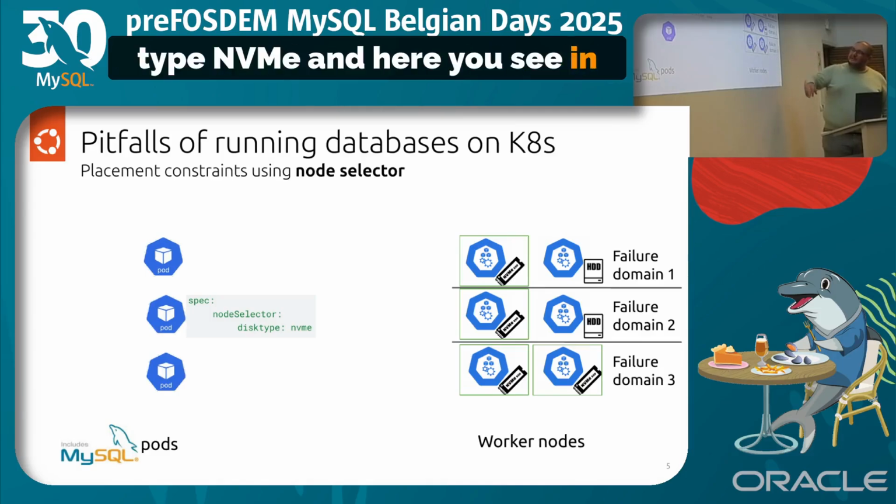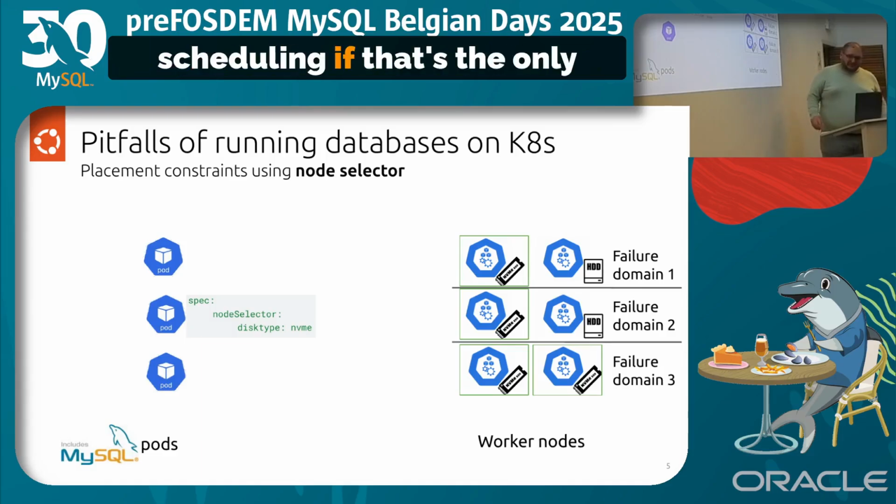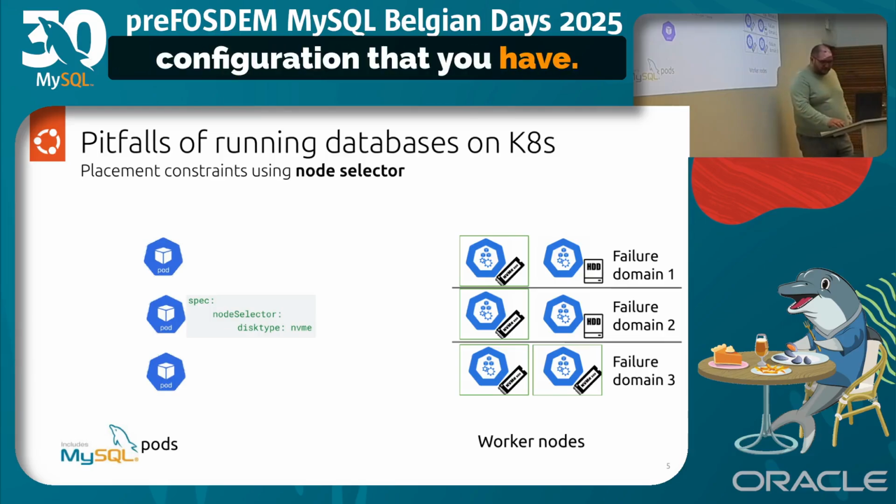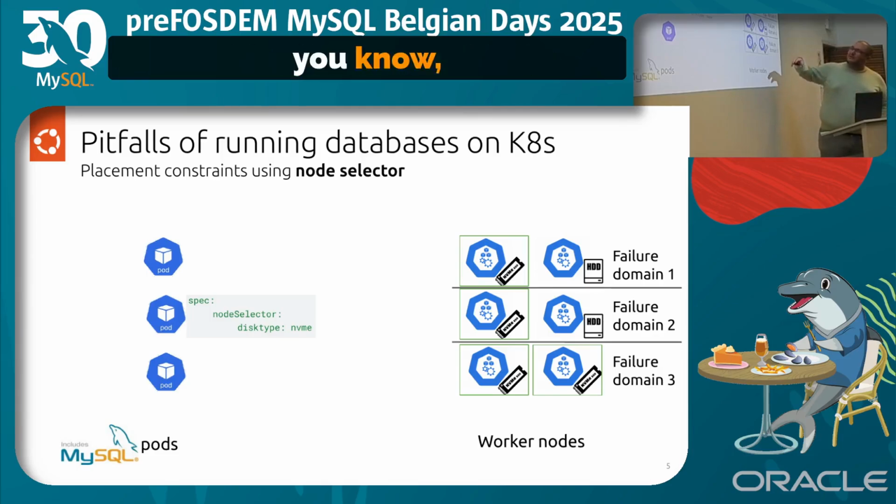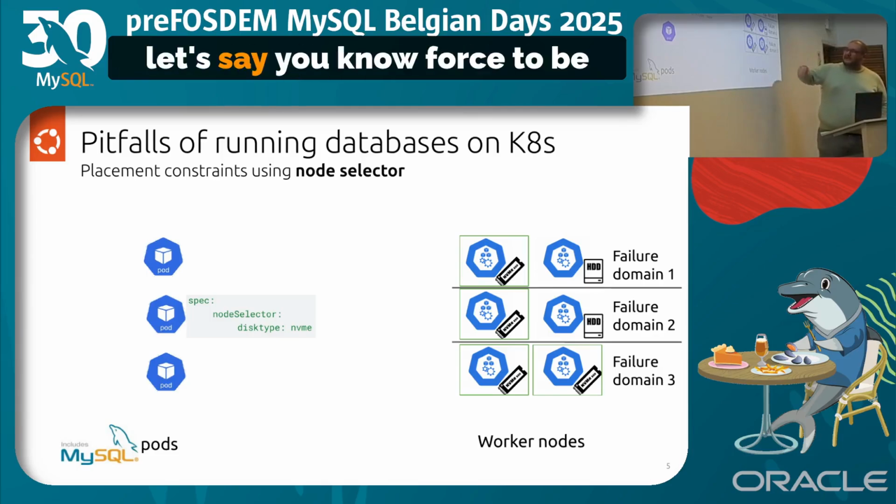Here you see in green the nodes that can be considered for scheduling if that's the only configuration that you have. Obviously with 3 nodes it's not that complicated, but ideally you would like your pods to be scheduled on a node in each of the failure domains that you have.